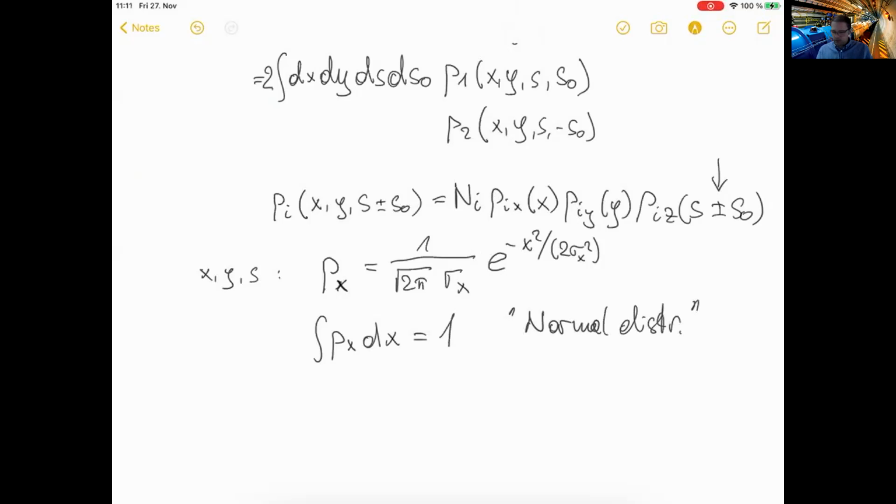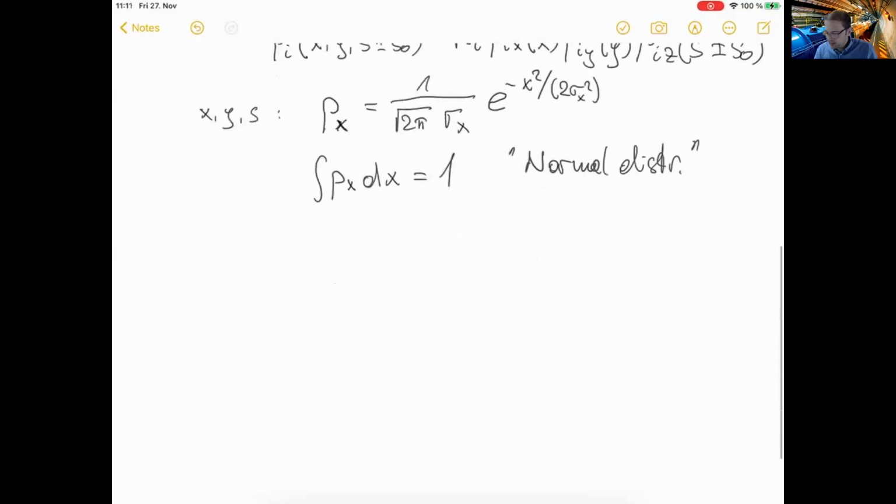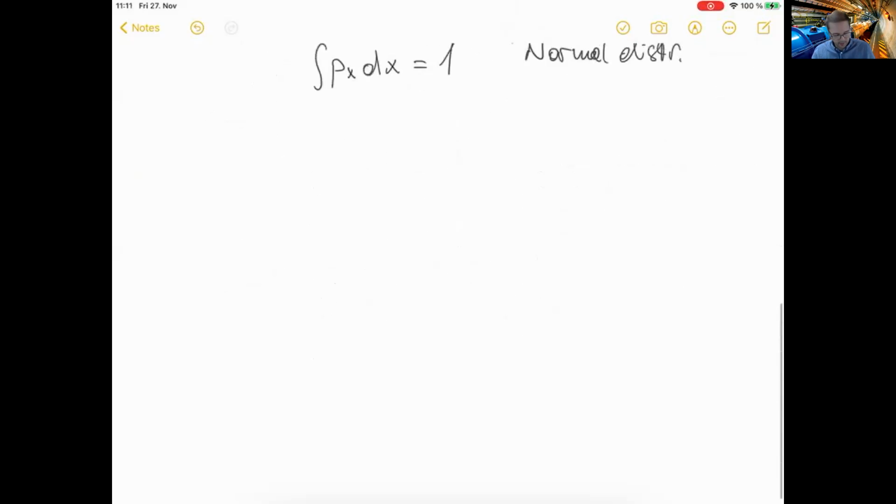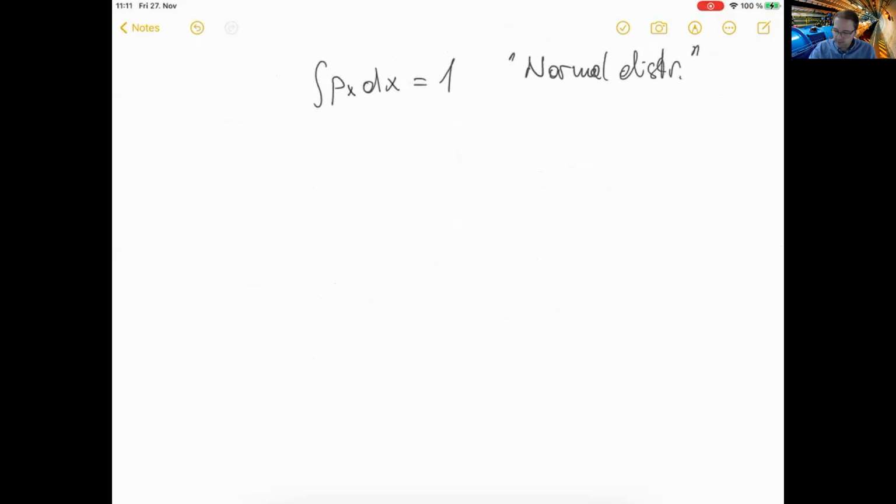Good. So let's insert now, because everything is completely straightforward. From now on, the luminosity for a single bunch crossing is therefore given by our four-dimensional integral, then the factor of 2 from the relative velocity, and then I have a product of the two densities.